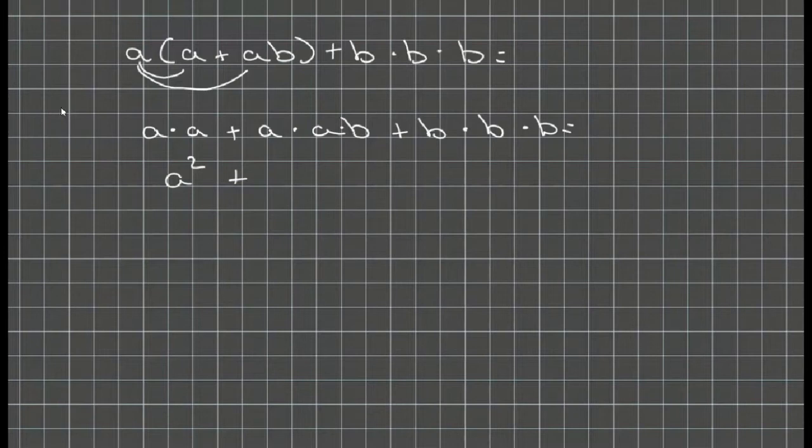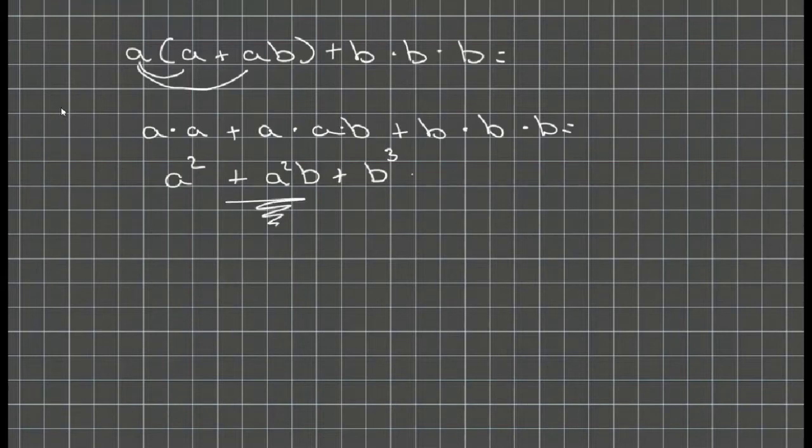So if I do a times a, I get a to the power 2. Then I multiply it with b. So this is what I get. And the last thing is b times b times b, which I also get a power, which is b to the power 3, because I multiply b with itself 3 times. And I can't simplify it any further than this.